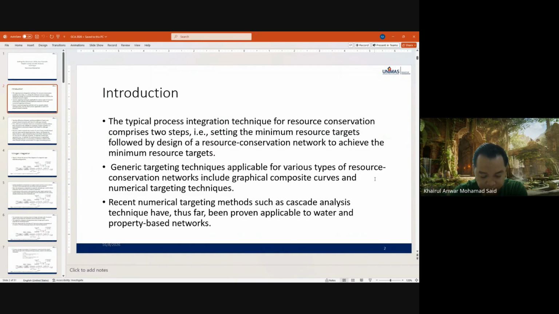So meaning unlike water, the sink, or sink means there's a source and sink. So sink means the demand, yes, the demand.